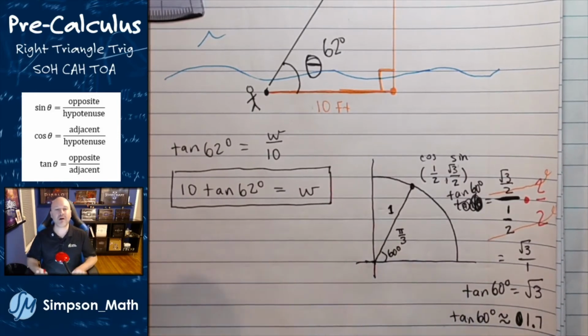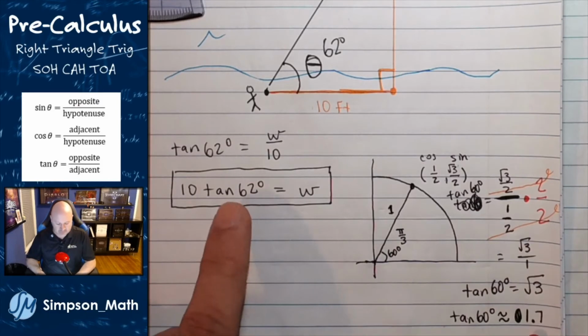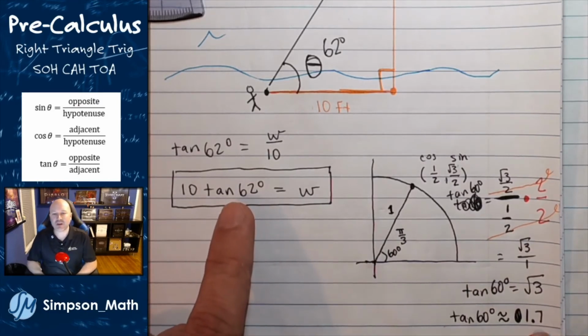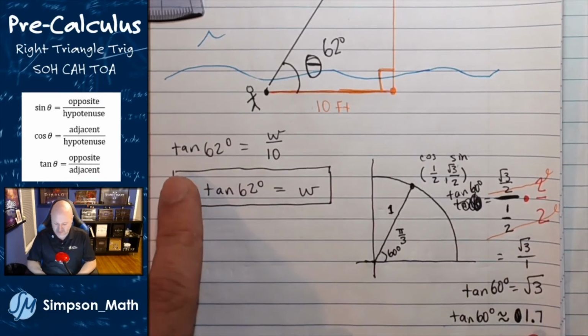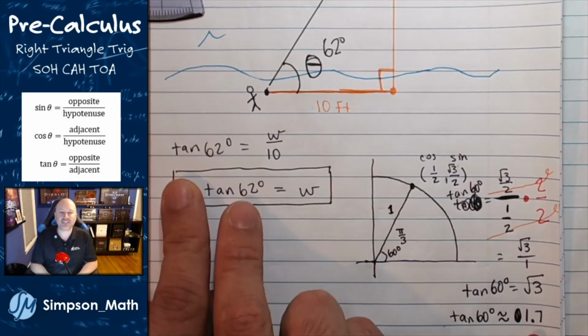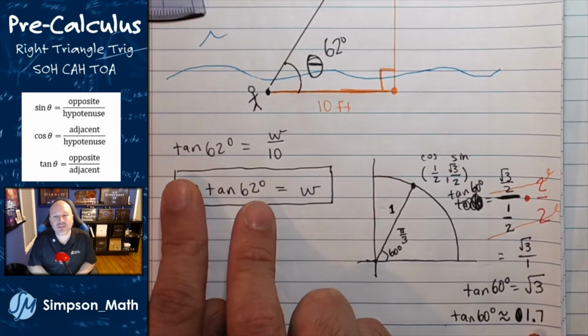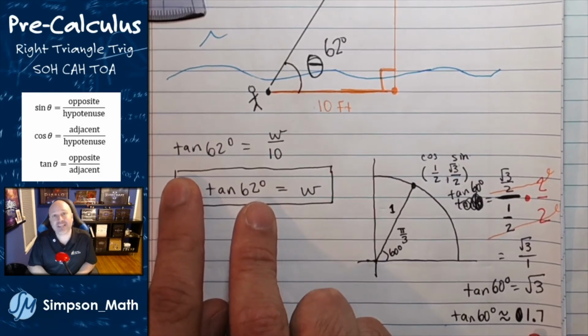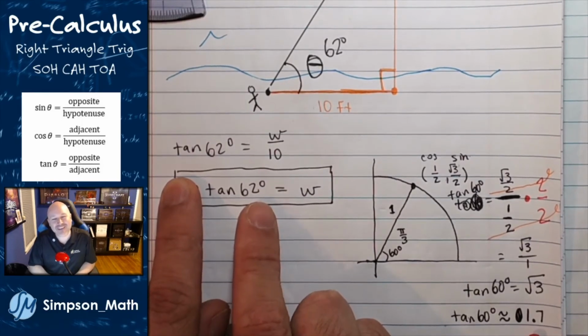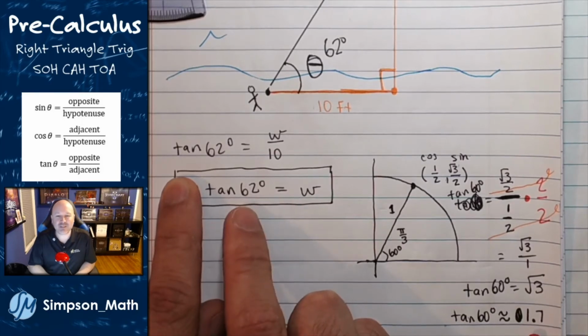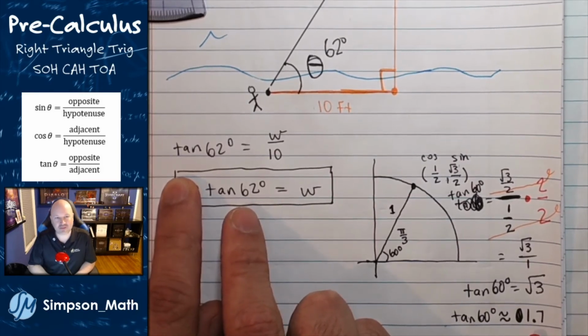Okay, I'm doing all this because if I know tangent of 60 degrees is about 1.7, then tangent of 62 should be close. I acknowledge it may be a gross estimate, it may be way off, but tangent of 62 is about 1.7.